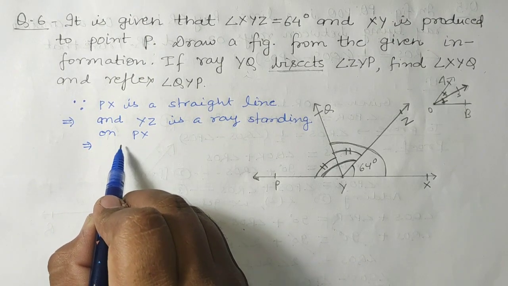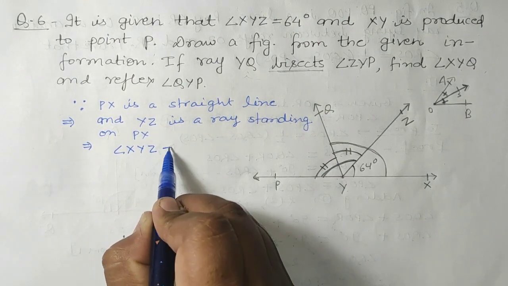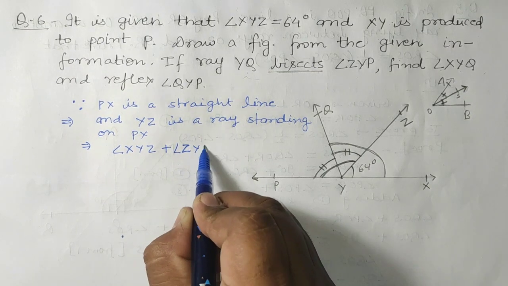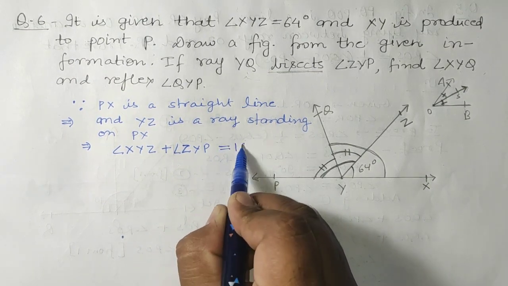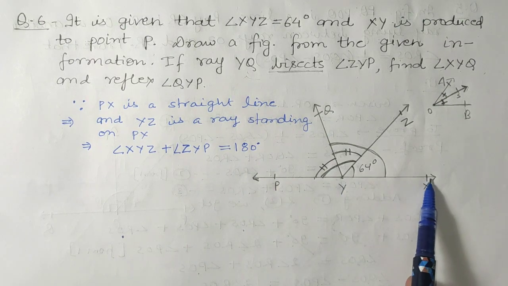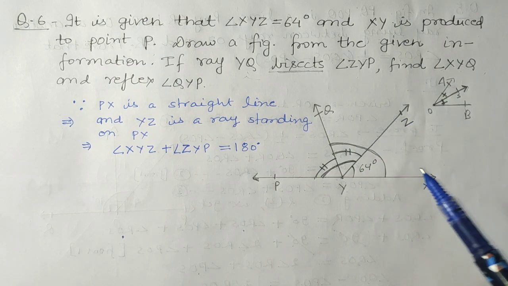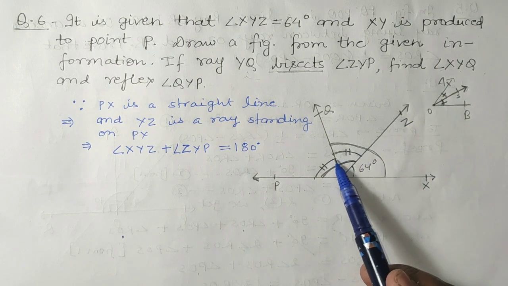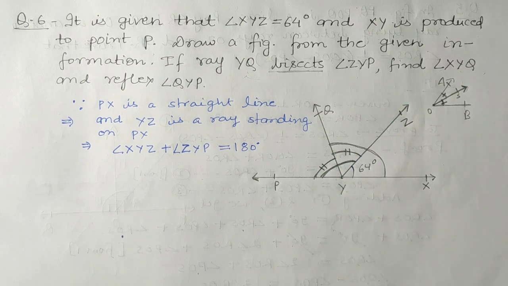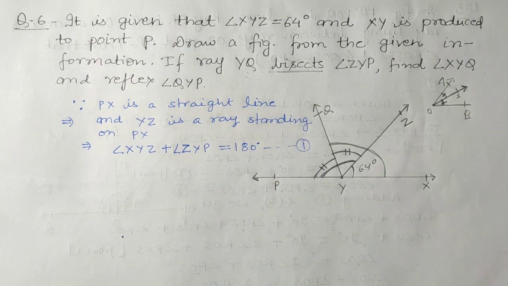We can write that angle XYZ plus angle ZYP, the sum of these two angles, is 180 degrees. See, this PX is a straight line and YZ is a ray on this line, so this angle and this angle, the whole angle, the sum of these two angles is 180 degrees. Let us call it equation number 1.